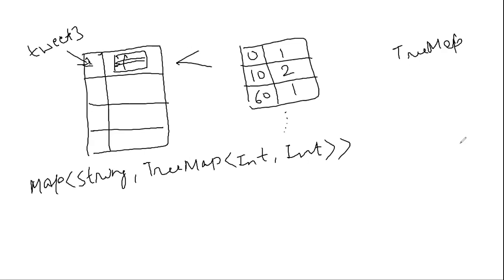So with the tree map, you still need to find the start time and the end time, and then you accumulate the value in between, right? Correct.